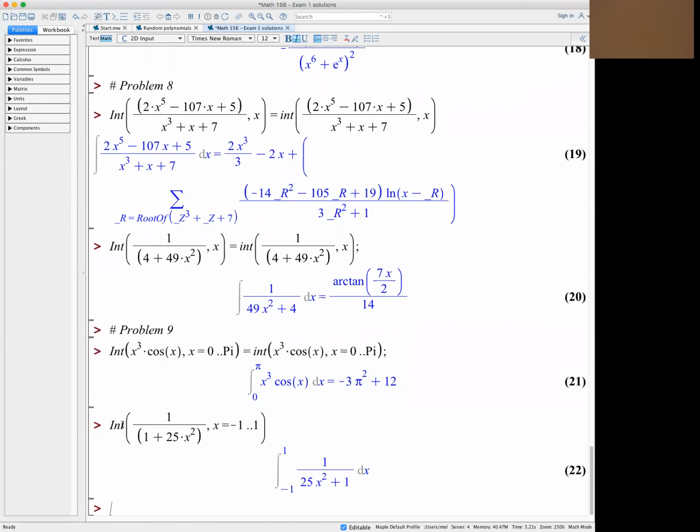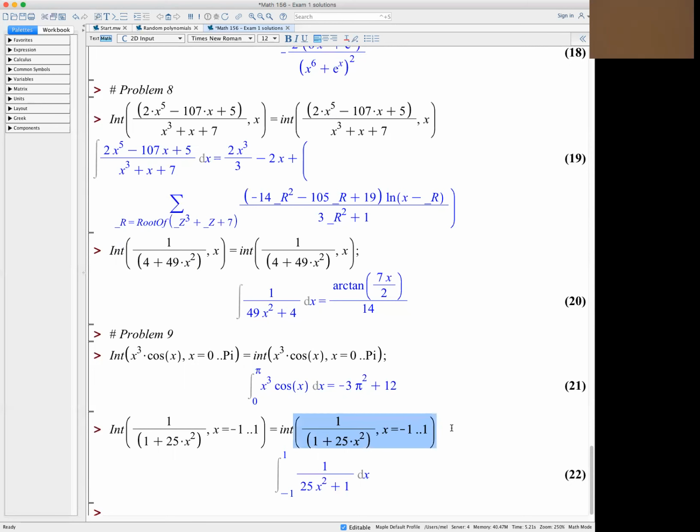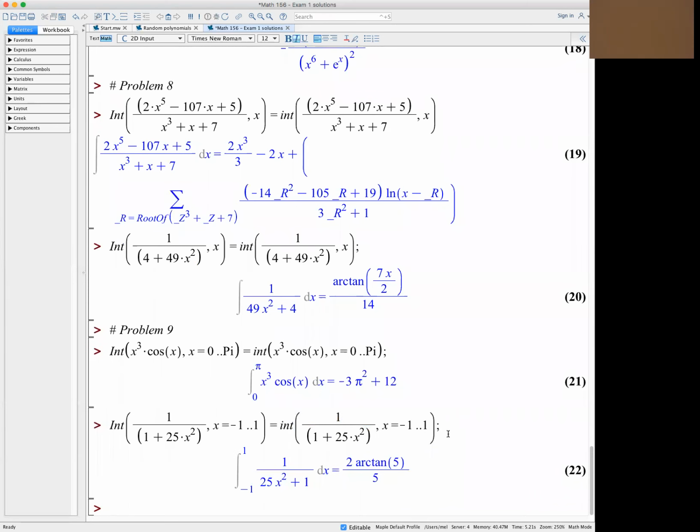Right? That's the problem. And to get the answer, lowercase i. Two-fifths arctangent of 5.